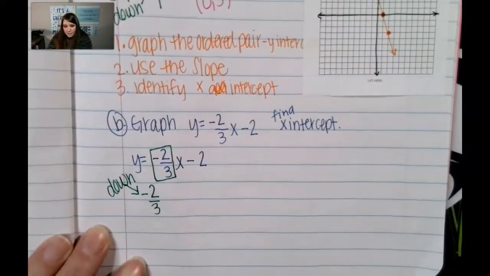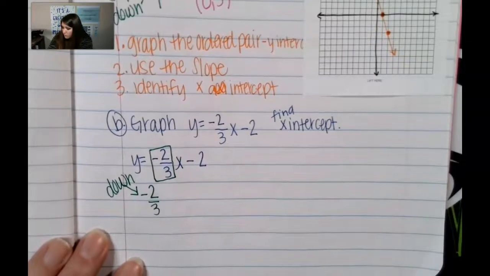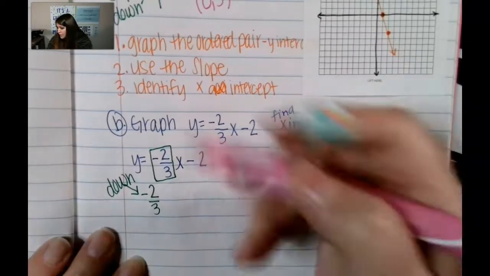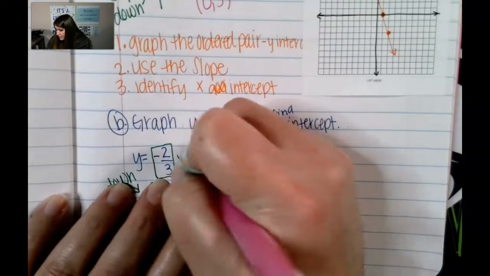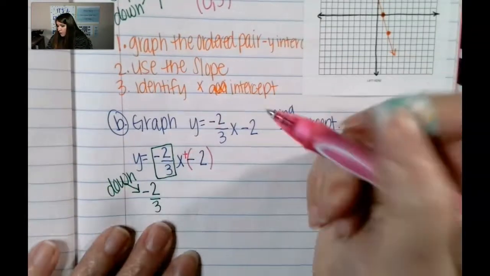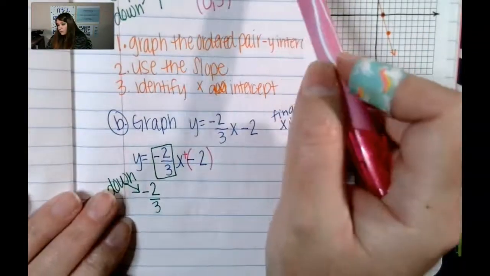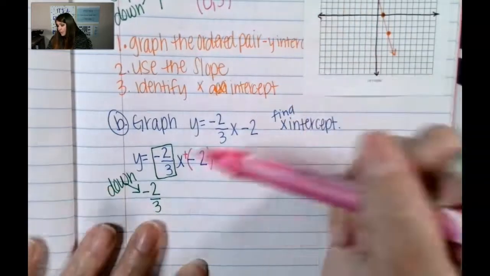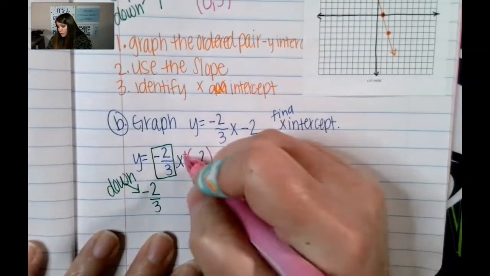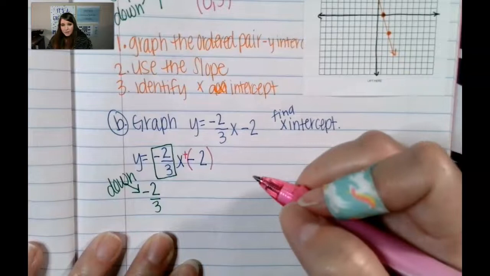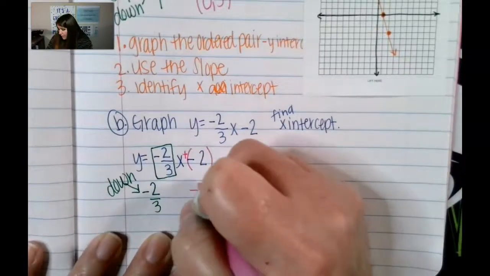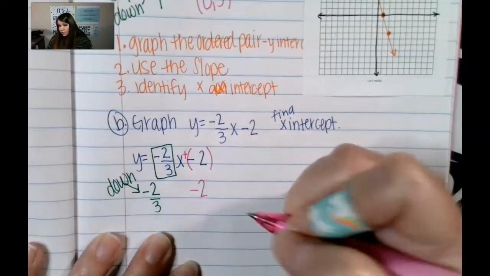Okay, and my y-intercept. Remember that this should say plus something. Up here, we knew that y equals mx plus the b. Well, here, we're just going to add the negative 2. So my y-intercept is negative 2.